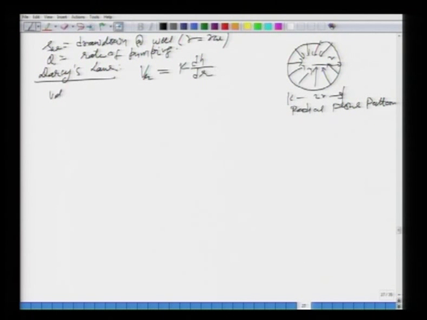So, velocity basically occurs across a cylindrical surface, okay. If you are looking from the top, you are actually looking at a cylindrical surface with a cross sectional area of what?